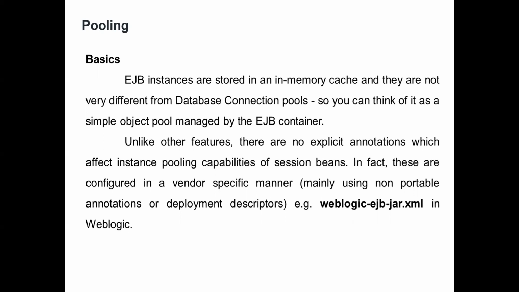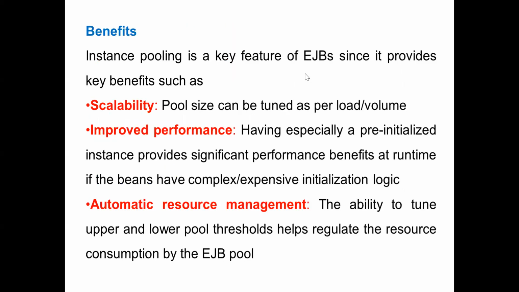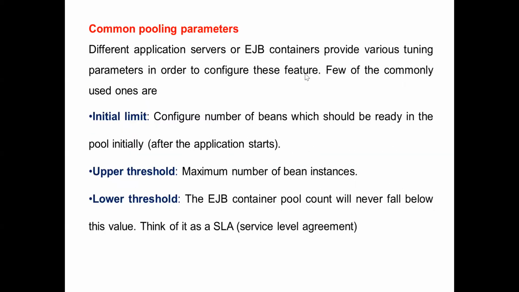We can briefly explain how pooling works here. There are three common pooling parameters: one is the initial limit, the second is an upper threshold, and the third is a lower threshold. These are the three common pooling parameters we use in our EJB container.